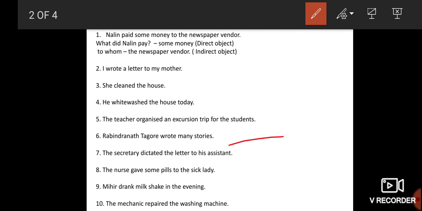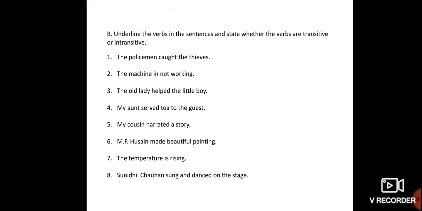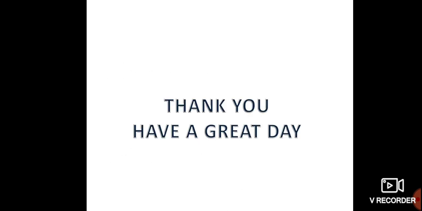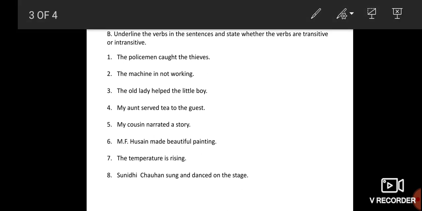Now the next exercise is B. Underline the verbs in the sentence and state whether the verbs are transitive or intransitive. You have to tell here transitive verb or intransitive.